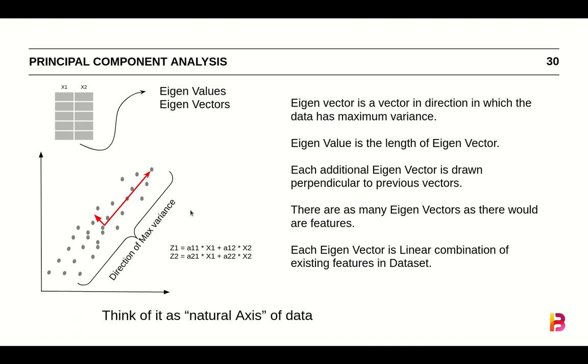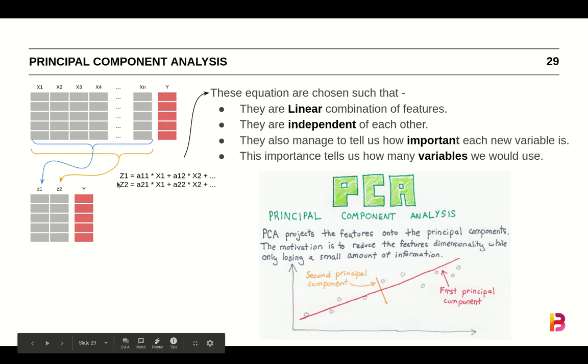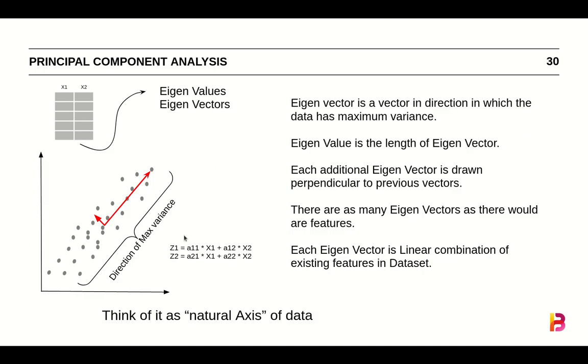Let's take only a simple two-dimensional data set with two features, x1 and x2. I plot them with one axis as x1 and the other as x2, and this is how the data looks. Remember when I said each of the engineered or extracted features is a linear combination of these? Now think of your data as being like this. What is the natural axis of the data?